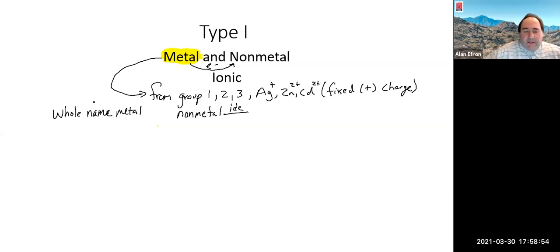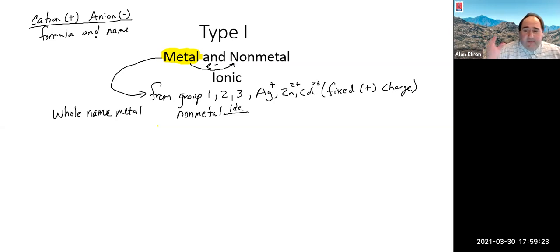Now, as I just mentioned, there is an order in which we write formulas and the names of these ionic compounds, and it is always metal, then non-metal, or cation first, followed by the anion. That goes both for the formula when you write it and when you name it. So that's the order you always want to write these.